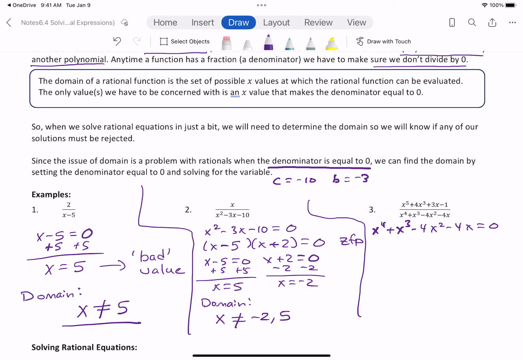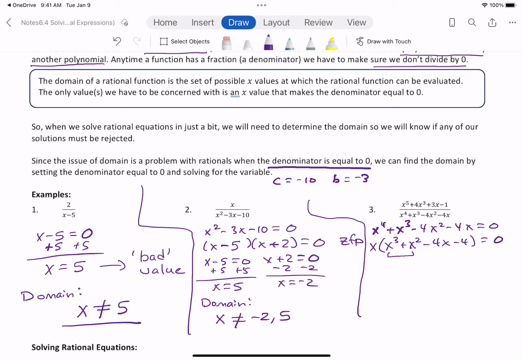And the first thing I see, not only do I have 4 terms, but all of the terms on the left-hand side have at least an x to the first. So I'm going to start by factoring a GCF of x. So that will leave me with x cubed plus x squared minus 4x minus 4 equals 0. Now the remaining 4 terms, there is no other GCF other than 1.